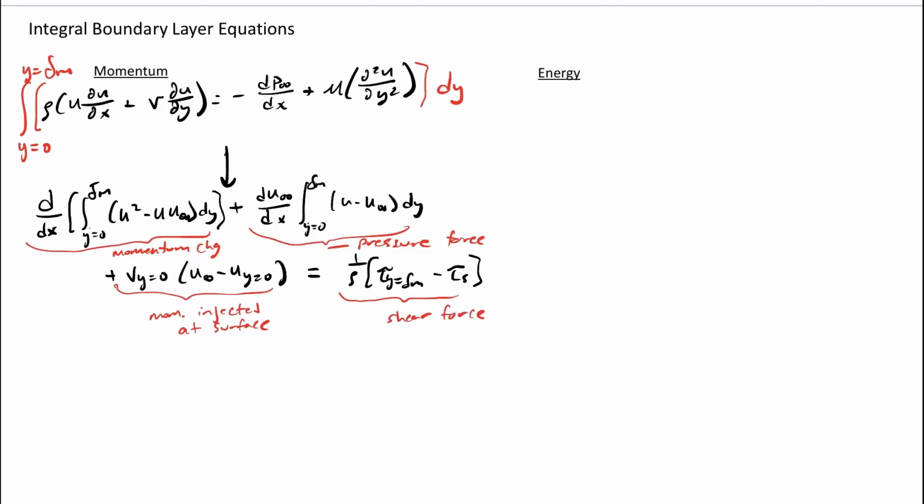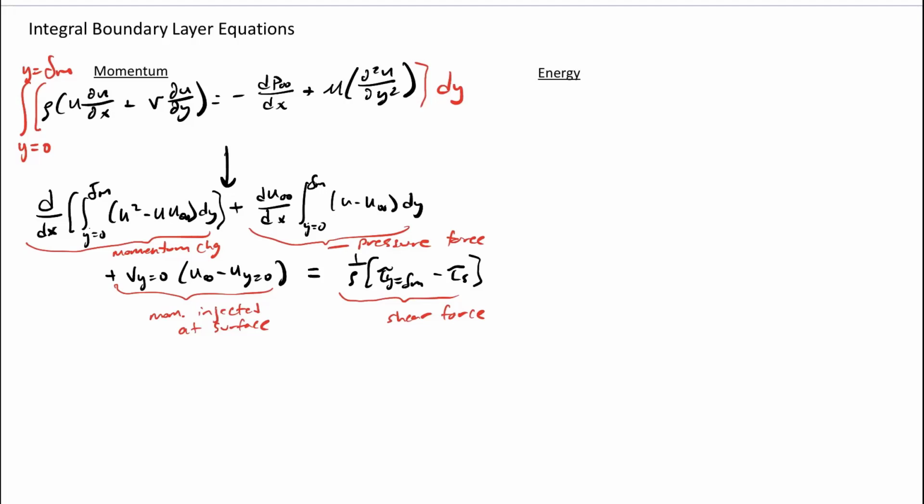All right, so we've written these in a general way so that, let's say I have momentum coming in at the surface. Let's say I've got any other number of conditions that make the original assumptions too difficult to solve. We can still solve it with this method because remember, we're assuming a velocity profile. Like we're saying my velocity profile looks like this. I don't have to have the exact analytical solution.